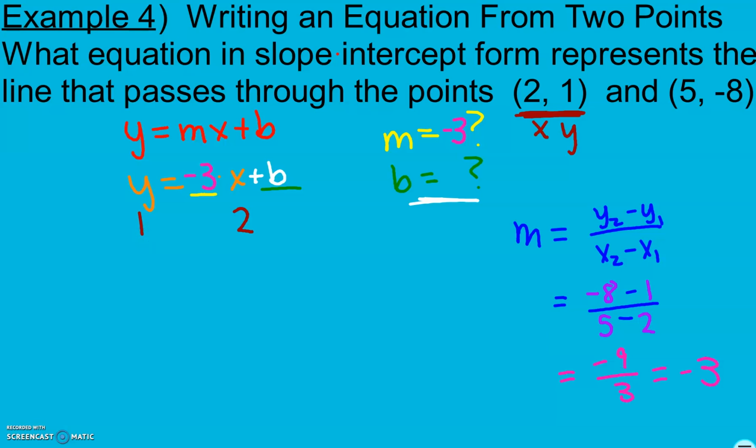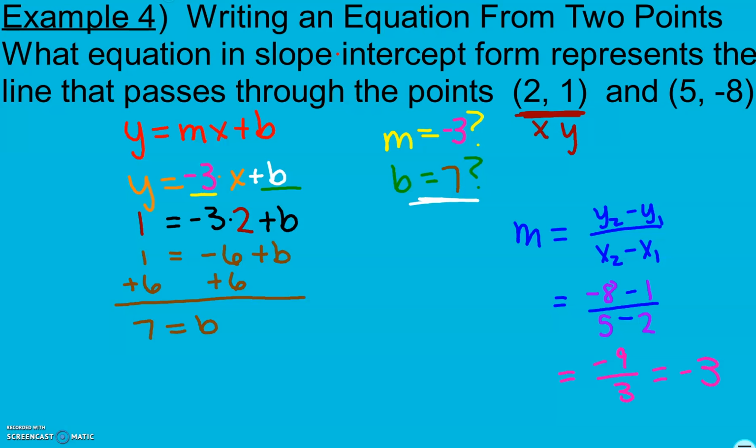And when I do that, I can solve for b. So to solve for b here, simplify so that my left and right sides are as simple as I can get them. Then to get b by itself, I add 6. So 7 equals b.